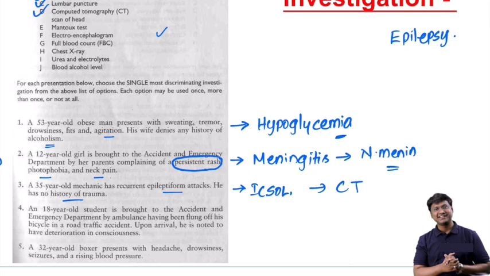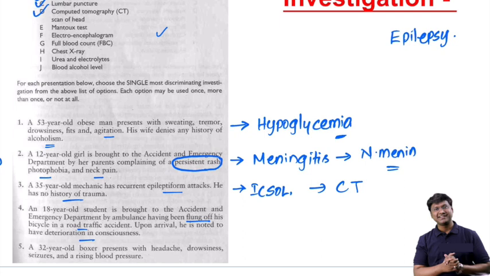And you take the fourth clinical scenario. An 18-year-old student is brought to the accident and emergency department by ambulance having been flung off his bicycle in a road traffic accident. Upon arrival, he is noted to have deterioration in consciousness. What will you suspect when there is deterioration in consciousness after a head trauma?